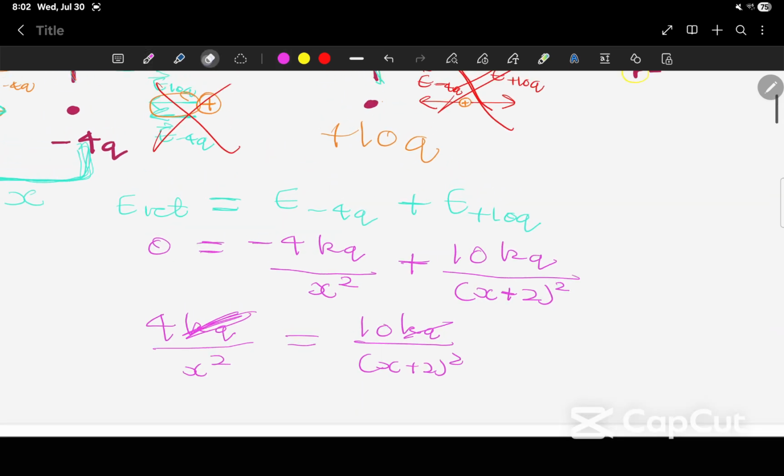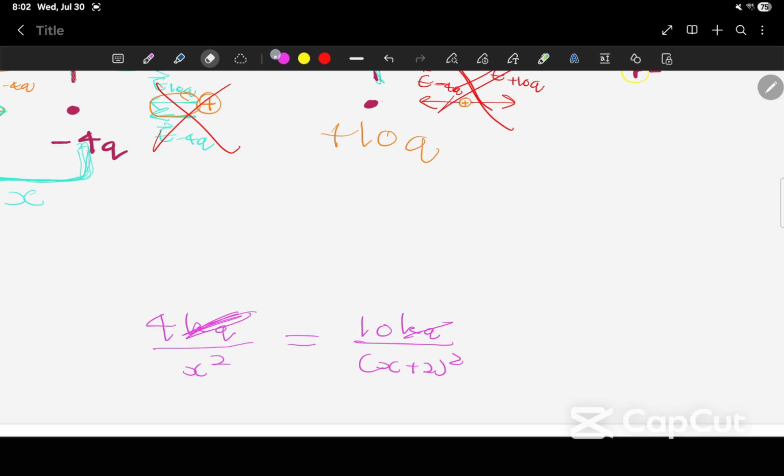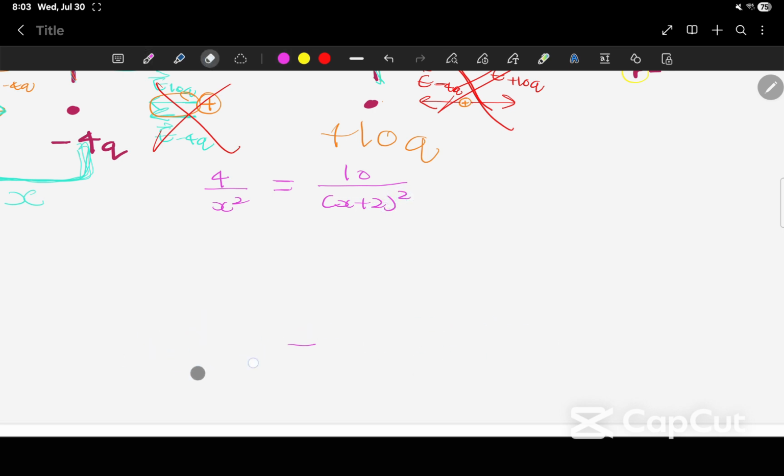What I'm getting now is 4 over x squared, which is equal to 10 over x plus 2 squared. Now I'll be cross multiplying. So I'll be doing 4 times x plus 2 times x plus 2, that's the same as x plus 2 squared, and then 10 times x squared.